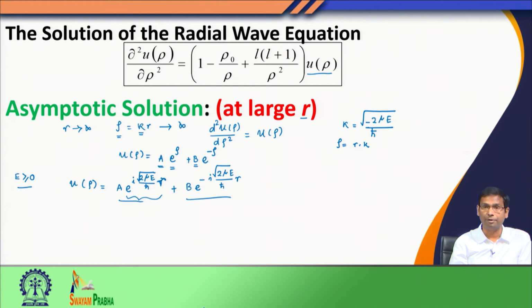They would also not become infinite, rather they would have a finite value, because this is the sum of a cosine function and a sine function which are bound between plus 1 and minus 1. So, therefore, this wave function even at large r, where r goes to infinity, would still not become 0, rather it will remain finite and it will show a sinusoidal and cosine oscillation.